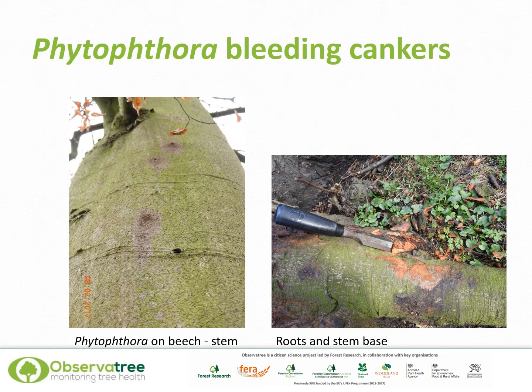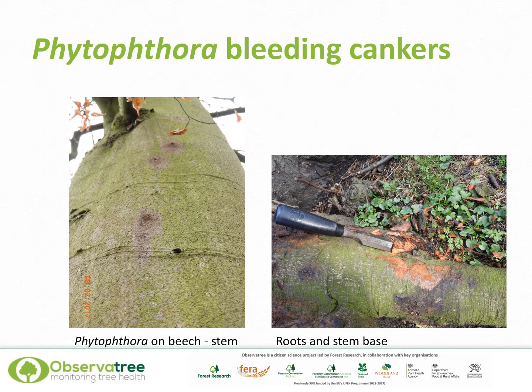As you can see in the right hand slide, here is the discoloration you would expect to see underneath the bark of a root. On the left hand side you can actually see the classic tar spots further up the stem.